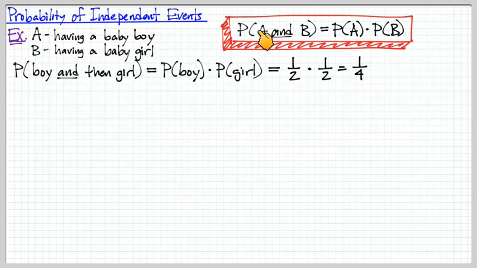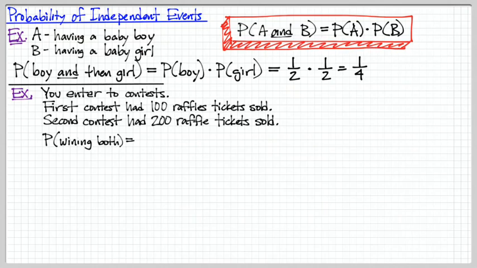So the key idea here is that when 2 events are independent of each other, to find the probability of both events happening, A and B, we can merely multiply the 2 separate probabilities of each event together. So here's an example. You enter into 2 contests.